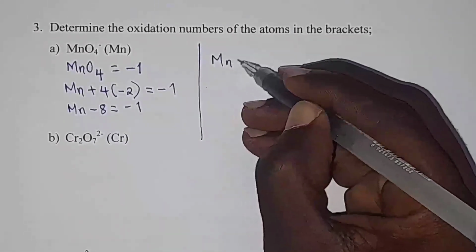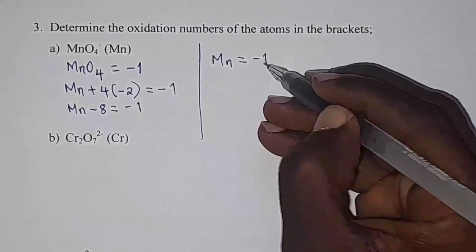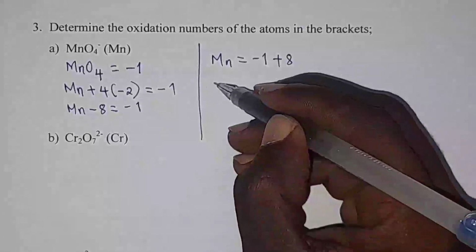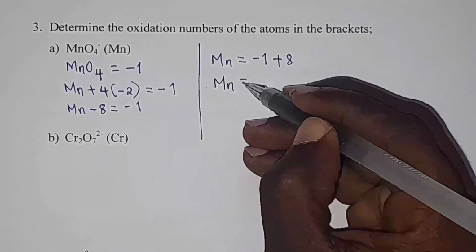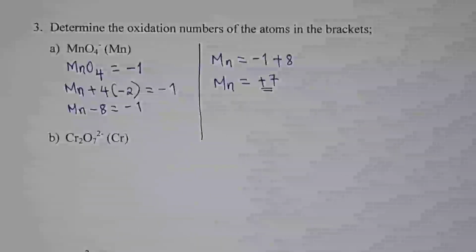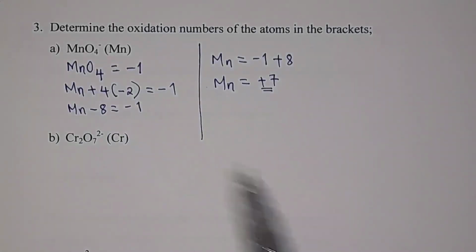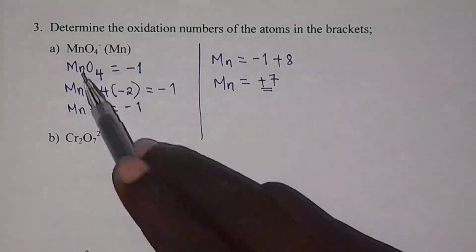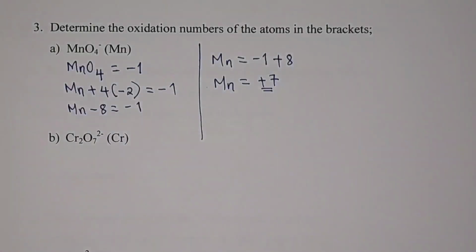We are going to say Mn will be equal to -1. Then we take -8 to the other side. It becomes +8. So Mn, we are going to get +7. So the oxidation number of manganese in this ion was +7. So this is manganese 7 ion.